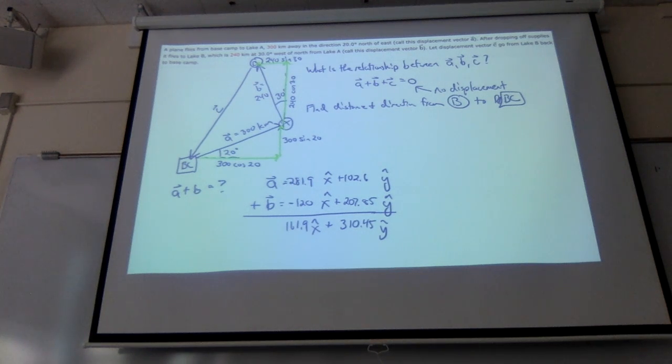Like 300 cosine 20 minus 240 sine 30 would be the distance from... I see what you're saying. So this vector minus that vector leaves whatever this distance is. And if you look over here, we did it.